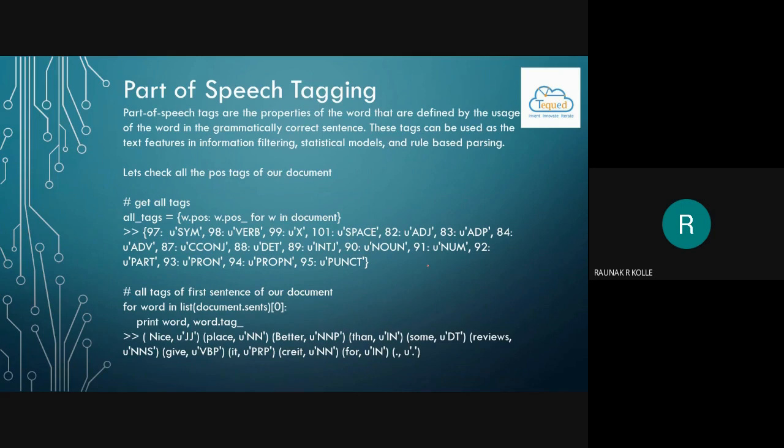These tags can be used as the text features in information filtering, statistical models, and rule-based parsing. Let us check all the parts of speech tags of our document. We get all the tags by giving the word.pos for the words belonging in the document.